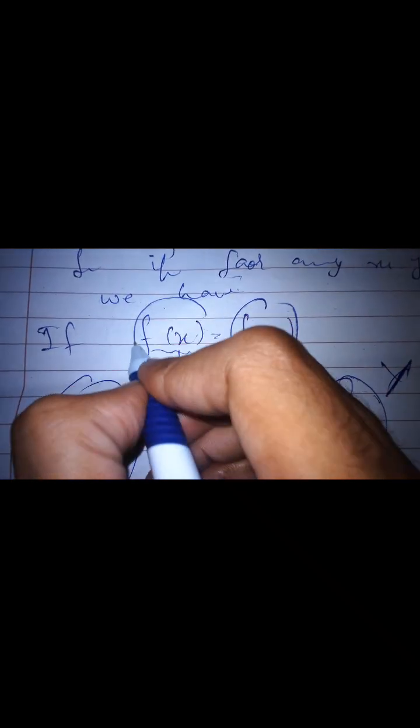If f of x is equal to f of y, meaning these two images are the same, then this implies x is equal to y. So if the images are the same, then the pre-images are the same. This is the definition of an injective function.